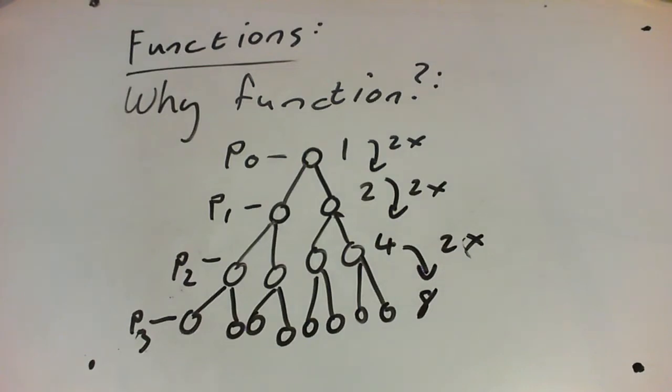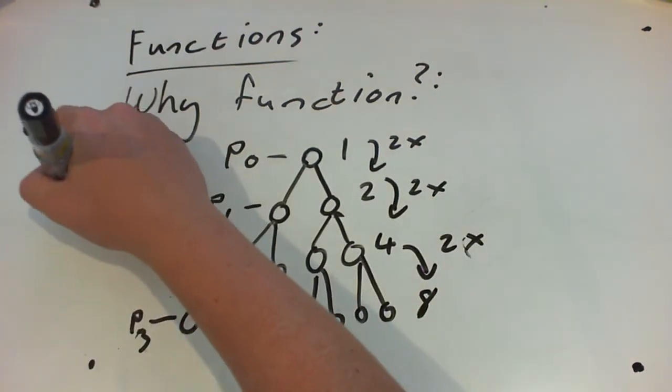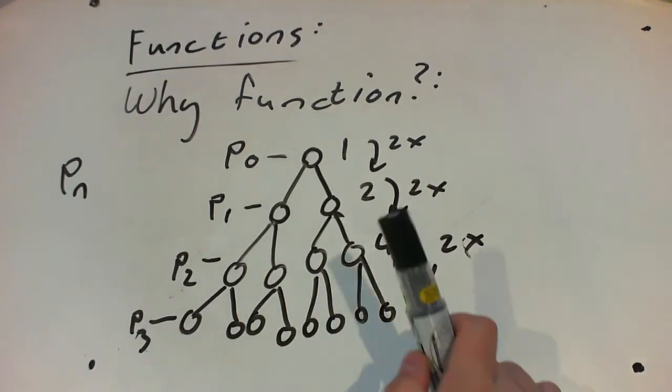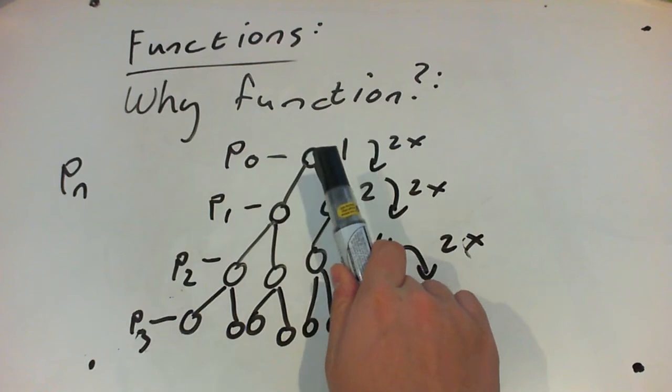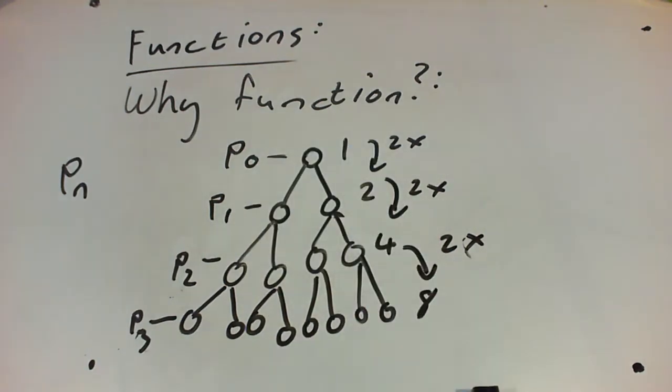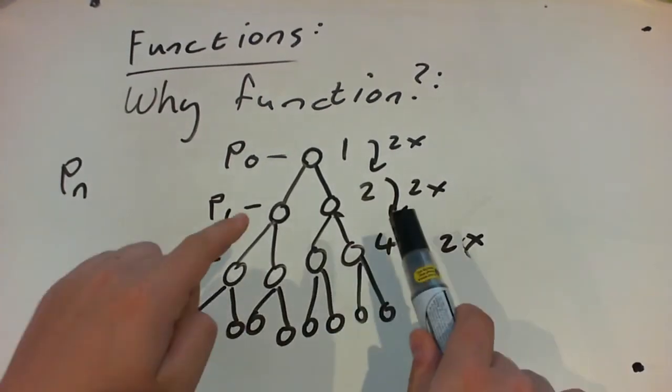So the question is now, after Pn, how many people have seen your post? And the answer is, if we look at it at 0, the answer is 1 for 0. And what we can see is that your post gets doubled, and that the amount of people who see your post grows exponentially.